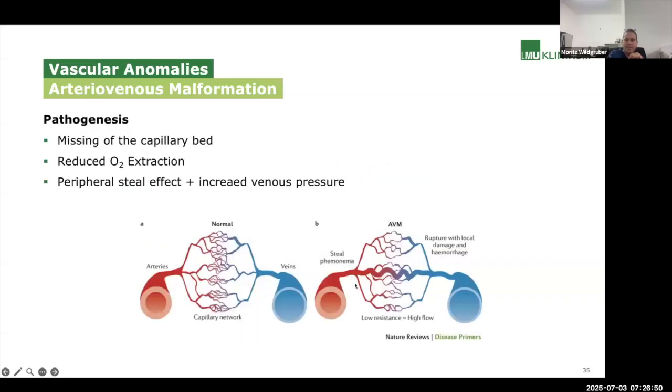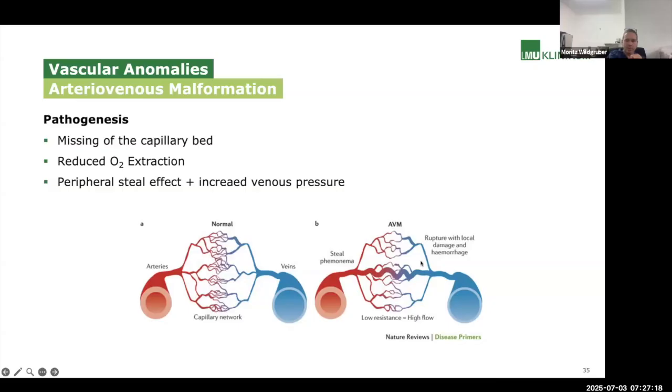And that leads to high flow and high pressure within the veins. That also explains why AVMs are continuously increasing in size, because they continue to put pressure on the venous system. The venous walls cannot resist the high pressure, and everything gets bigger over time.